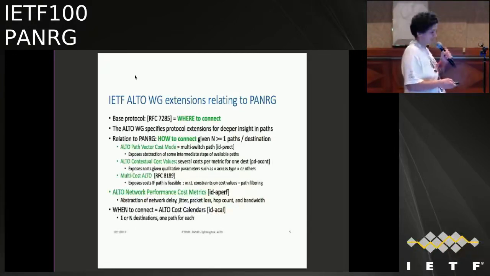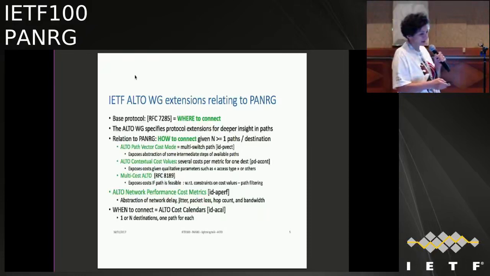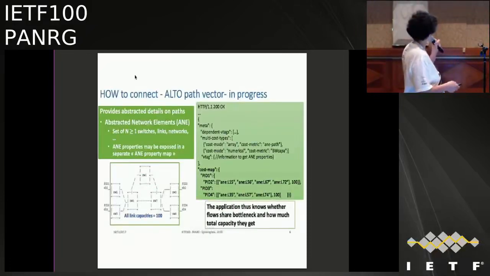So they mostly build on an extension that is defining abstractions of network traffic engineering-like or network performance-like metrics that can be, of course, abstracted. So let's go quickly through those extensions.